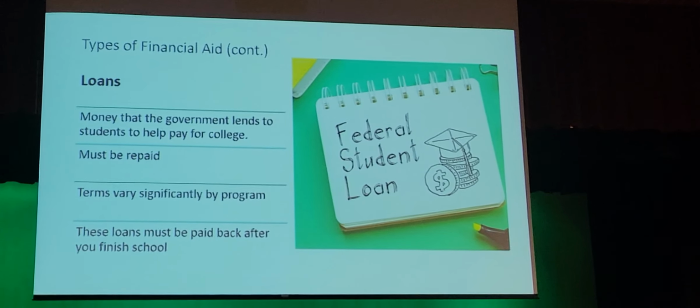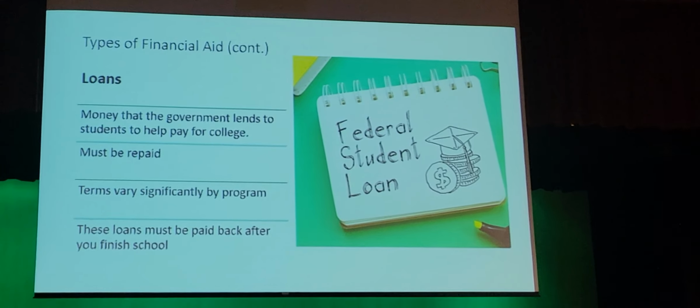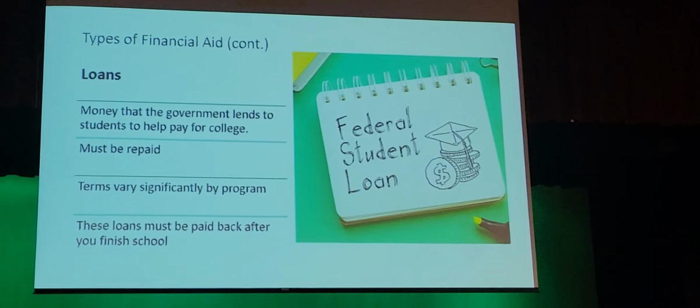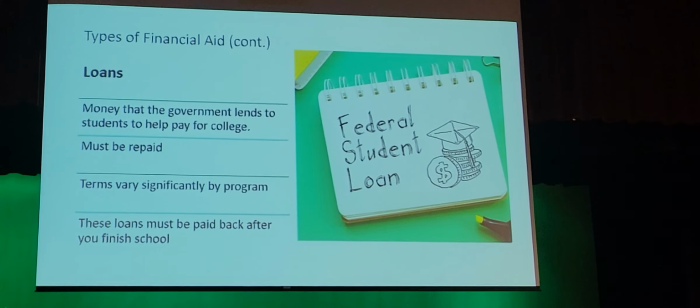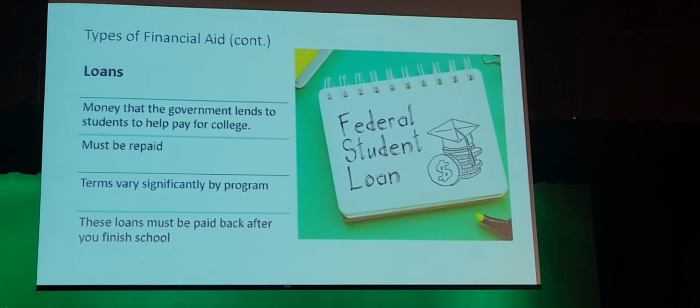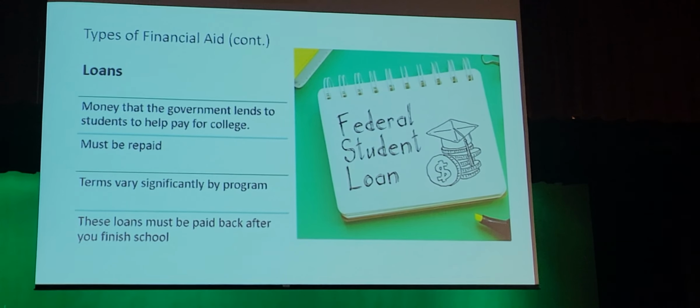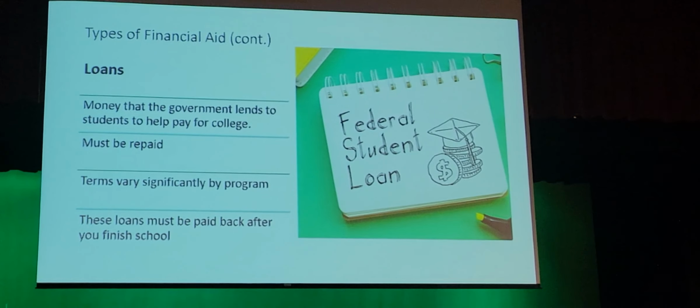For example, your freshman and sophomore year, there's a specific amount that they'll let you borrow through the loan program. There are programs that allow the student to borrow a certain amount of money, but then there are other programs that allow the parents to come in and help the student by taking out loans, which I'll touch base on in a second. And that's why I say the terms may vary.